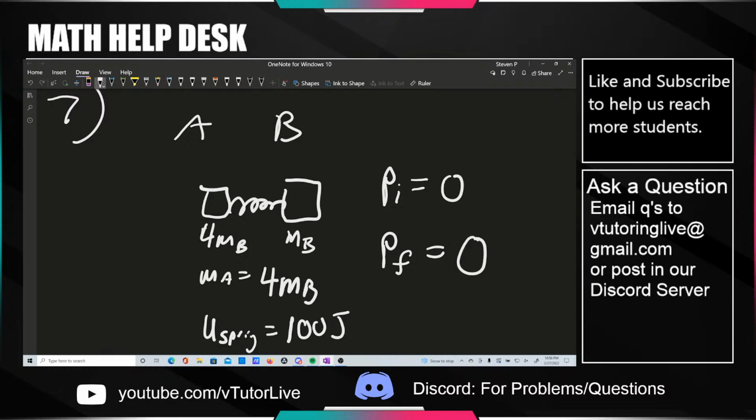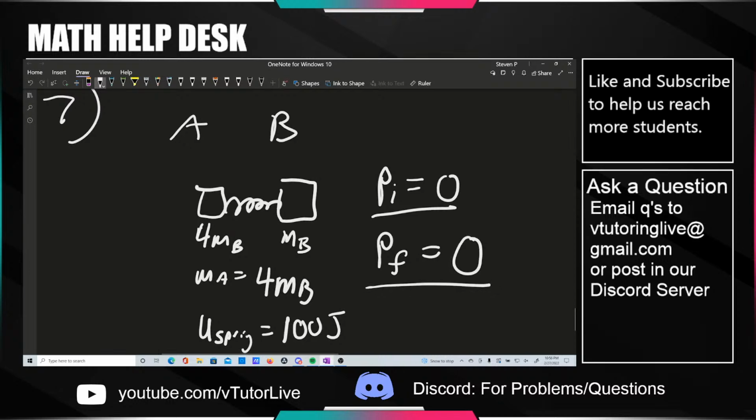I agree. Well, they're both moving, right? But because it initially was 0, by conservation of momentum, it's still got to be 0. Because P initial is equal to P final for a total system. For a total system, the initial and final momentums have got to be the same. That's what conservation of momentum means, right?